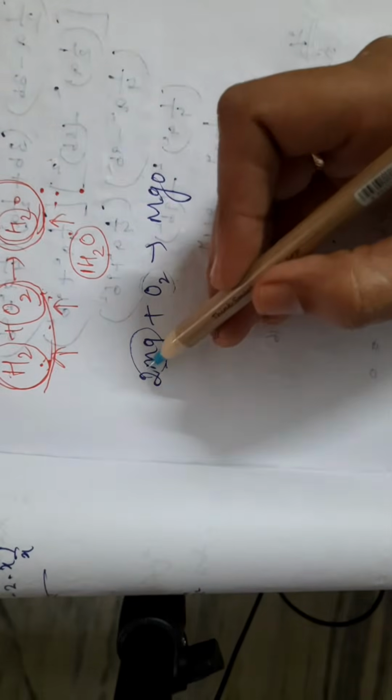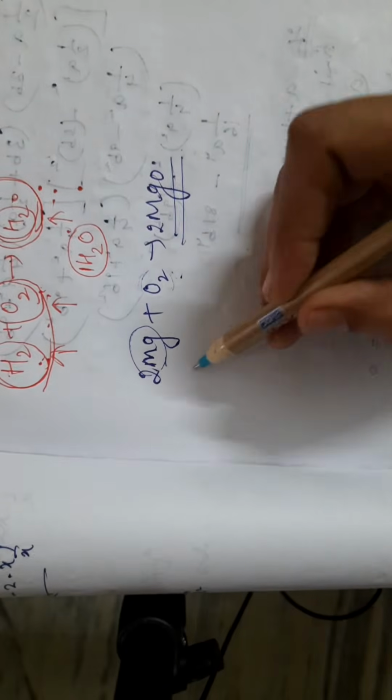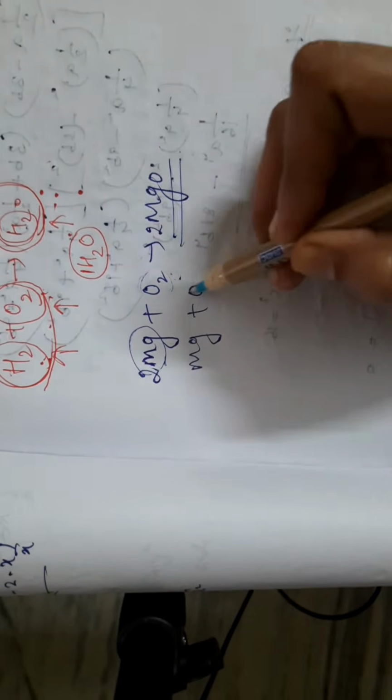So 2 atoms of magnesium will react with 1 molecule of oxygen to form 2 molecules of magnesium oxide. So this we call a balanced chemical equation. When an equation is represented without balancing, that is an unbalanced chemical equation, called a skeletal chemical equation. So here they can ask, what is a skeletal chemical equation?